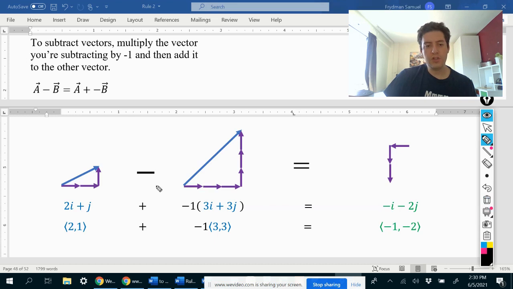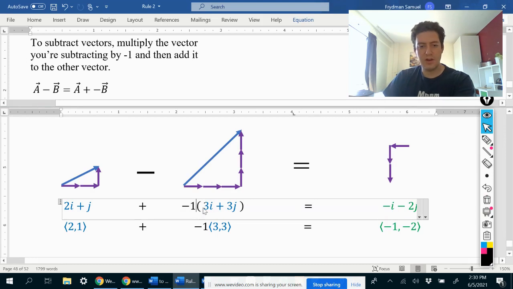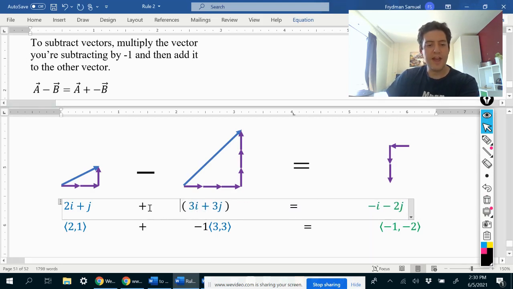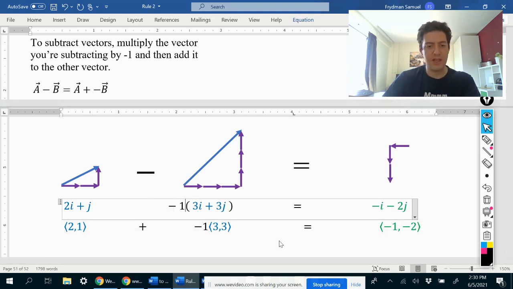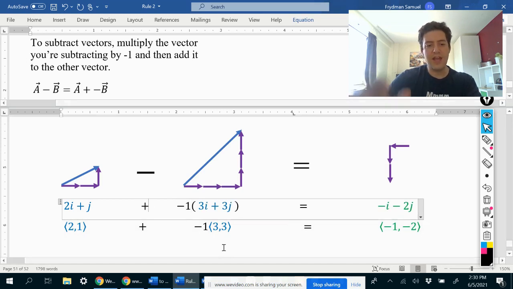So remember that if we want to subtract, let's pretend that this wasn't there for a second. If I had these two vectors and I wanted to subtract them, then what I would need to do is change the sign of both of these by multiplying this by -1, and then I could add the components together. Okay?